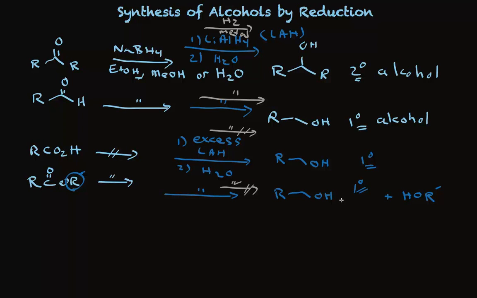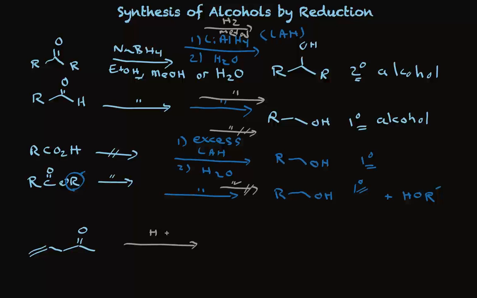But notice that alkenes are reduced. So if one has a molecule that has both a double bond and a carbonyl group in it, let's pick something like this.